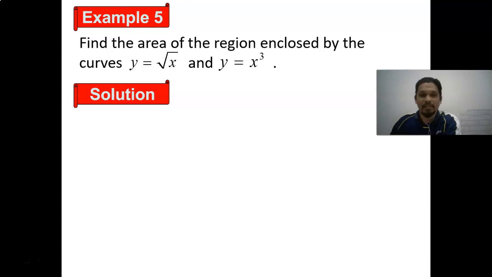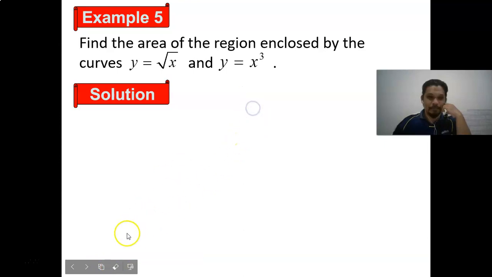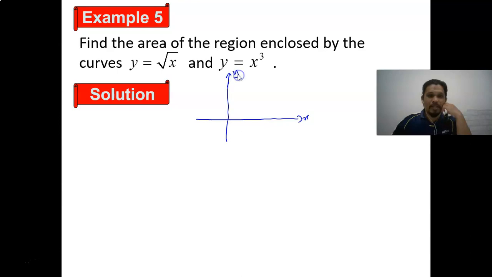Okay, find the area of the region enclosed by the curves y equal to square root of x and y equal to x cubed. Let's sketch again. Sorry. y equal to x cubed, y equal to square root of x. Something like this.